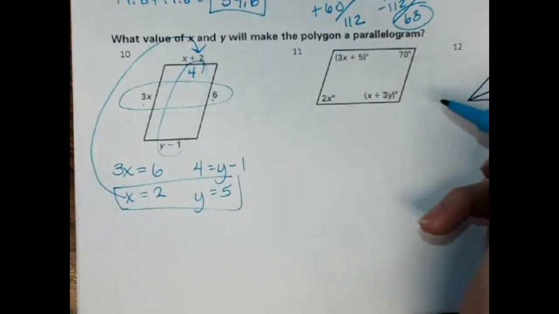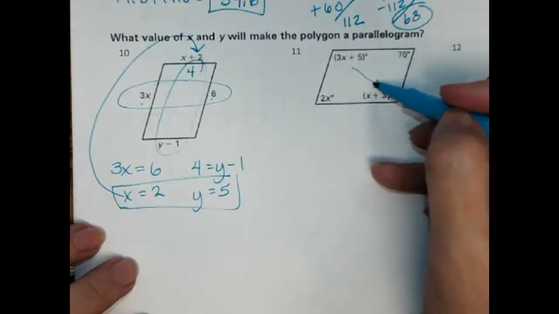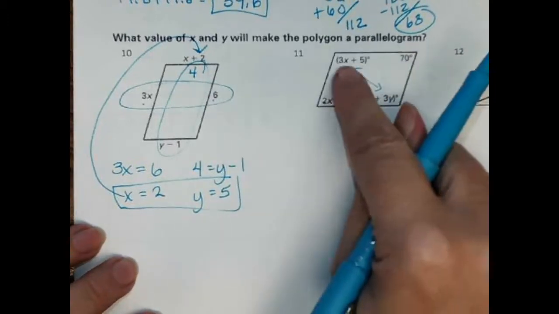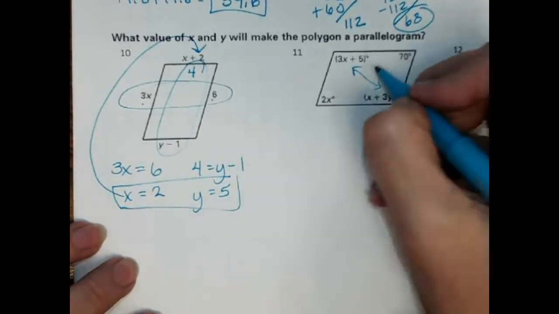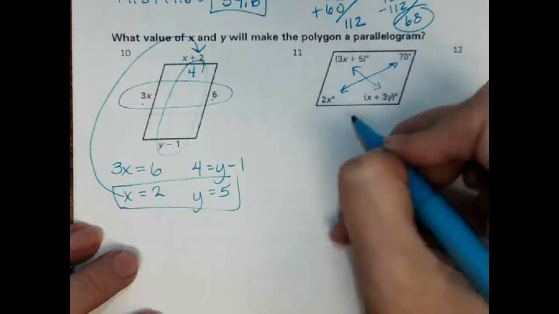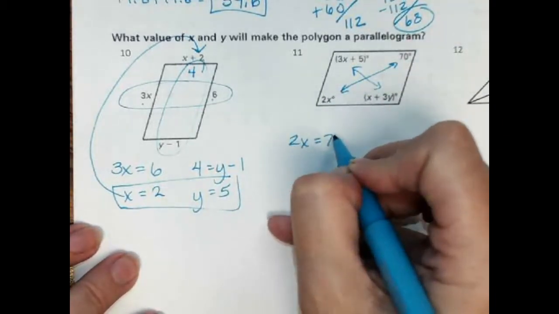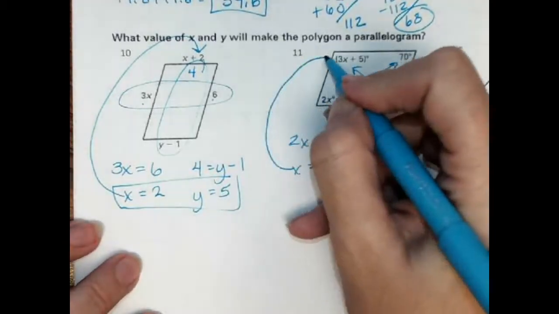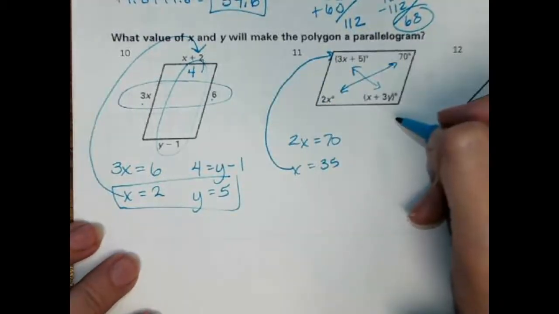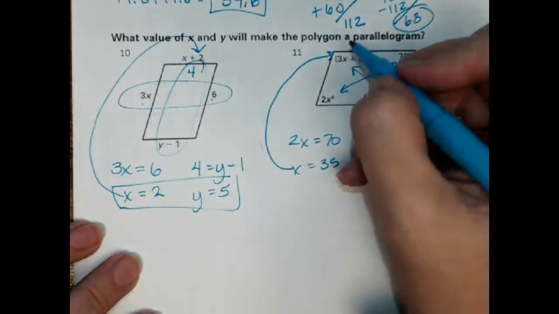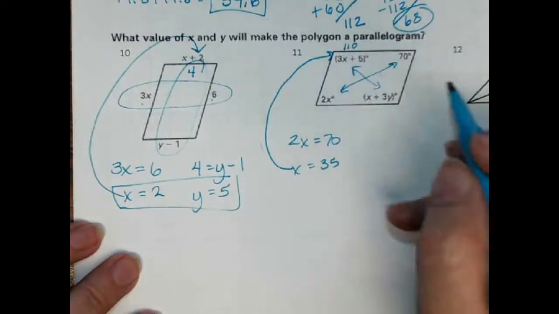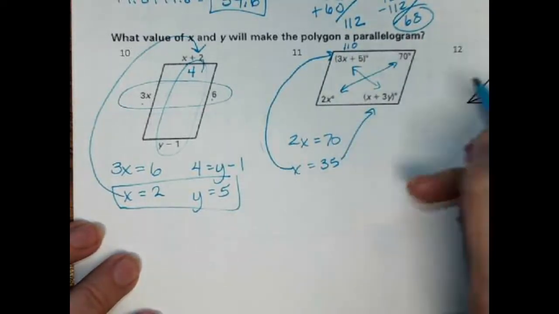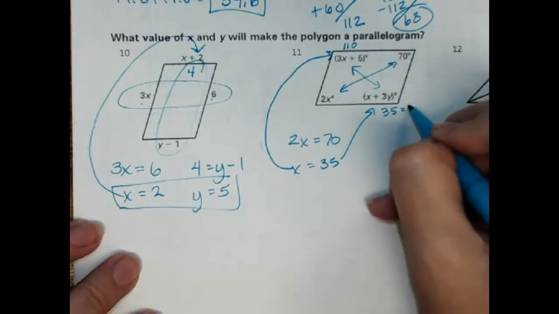Okay, here I see the same thing. I can't just say that these two are equal yet because I'd have an x and a y in my problem. But I can say these are equal, so 2x equals 70, x equals 35. Now I can plug it in on this one, and when I plug it in here, I'm going to get that this is 110, and I'm going to plug this in right here, and I'm going to get 35 equals 3y.